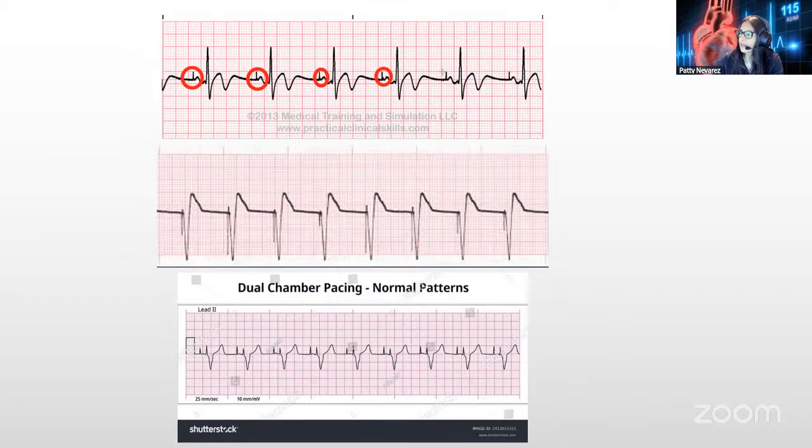And you can see here, right, because the pacemaker is making the atria go. The second one, we do have ventricular pacing, and you can see the pattern here, right? We can see the mark here, and then the ventricular contraction happens.